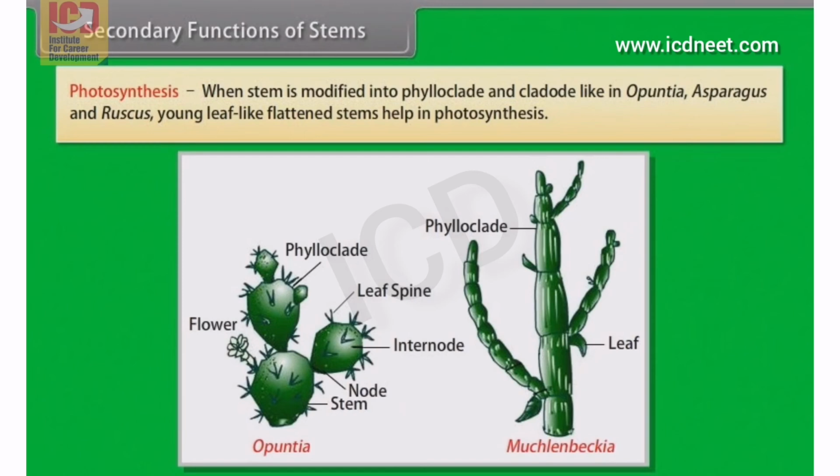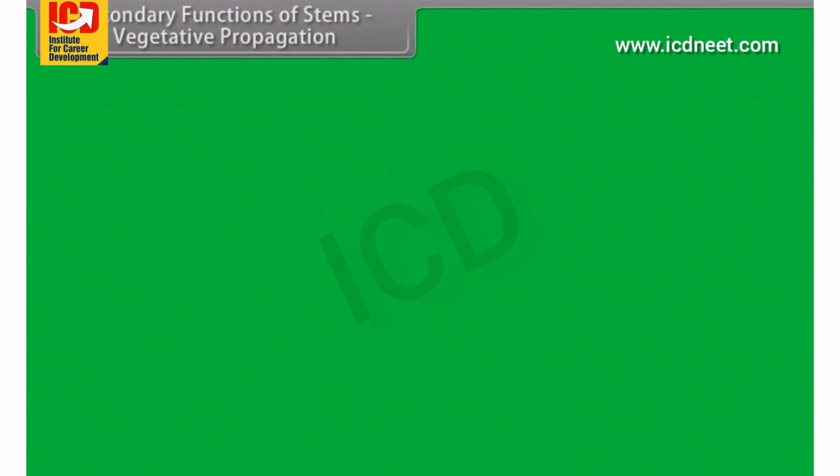Photosynthesis. When stem is modified into phylloclade and cladode like in Opuntia, asparagus, and Ruscus, young leaf-like flattened stems help in photosynthesis. Secondary functions of stems. Vegetative propagation.